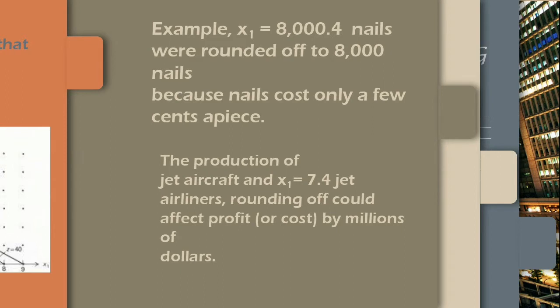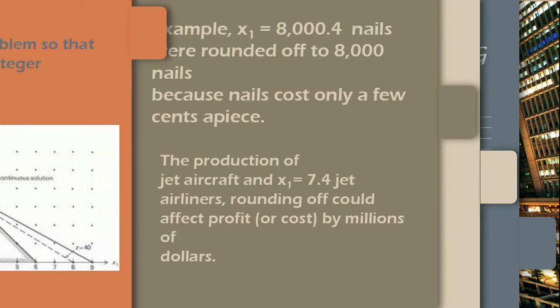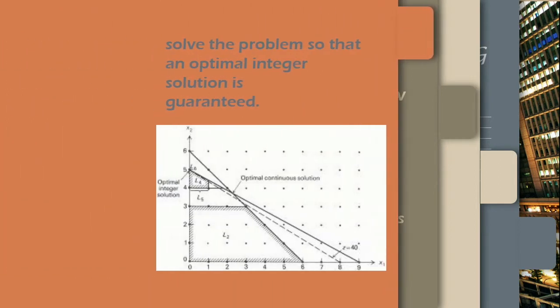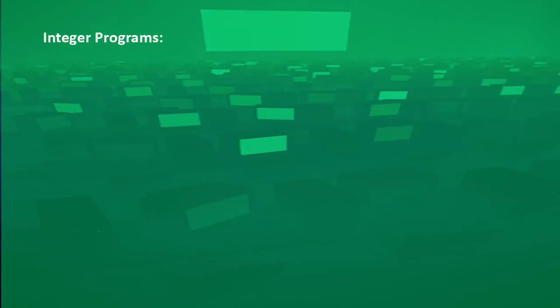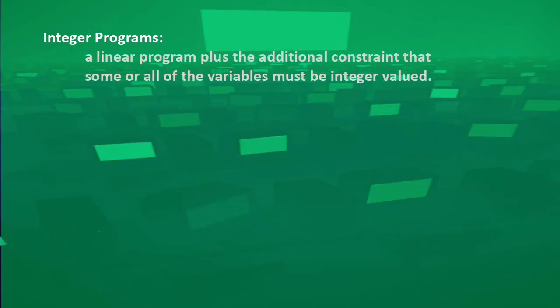In this case, we need to solve the problem so that an optimal integer solution is guaranteed. In this chapter, the different forms of integer linear programming models are introduced. What are integer programs? A linear program plus the additional constraint that some or all of the variables must be integer valued.